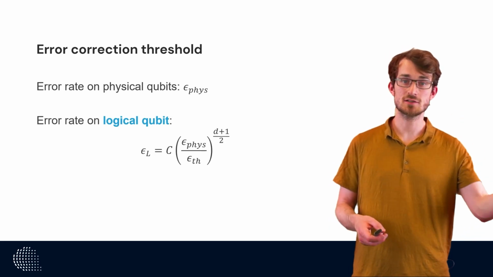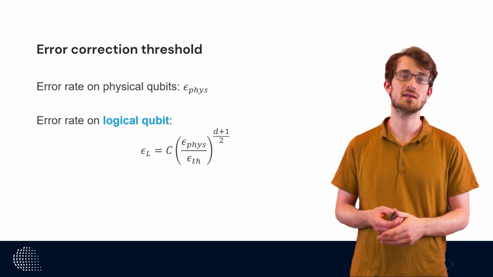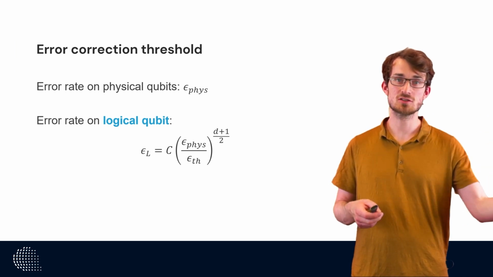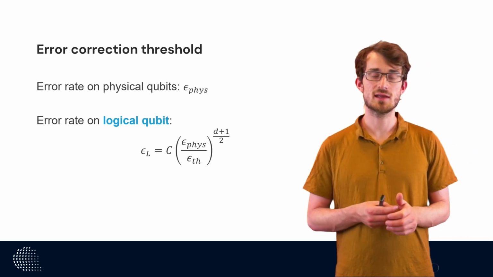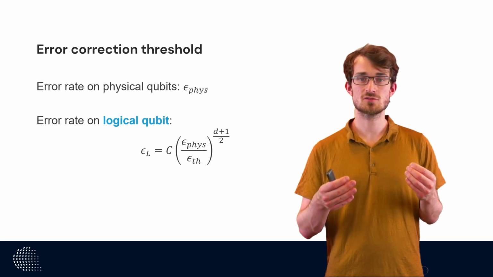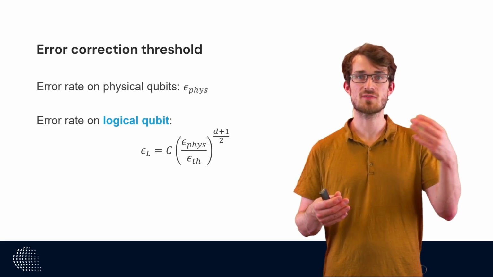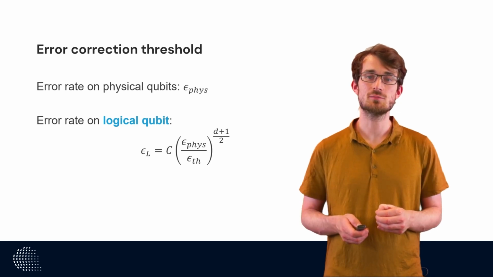Similarly, we can define a logical error rate, the probability that there's an error on our logical qubit per logical operation. It's described by this formula, where you have some constant c times your physical error divided by something we call a threshold error, to the power of (d+1)/2.